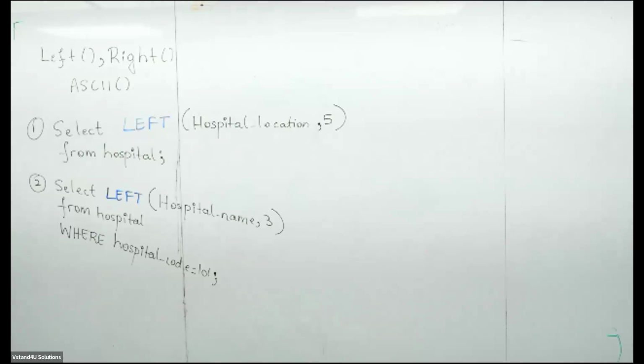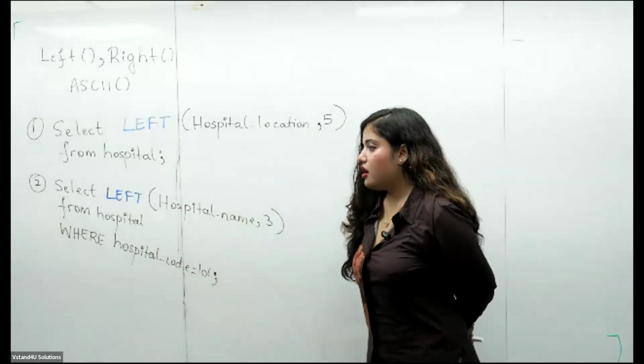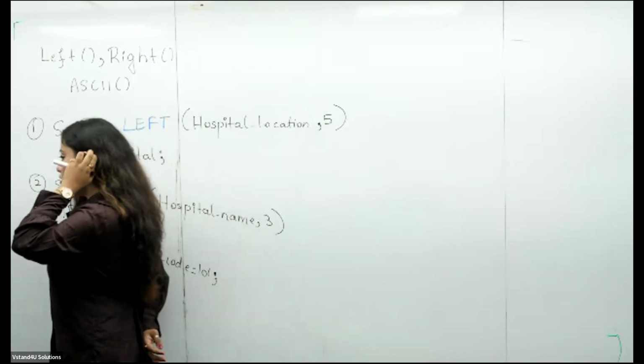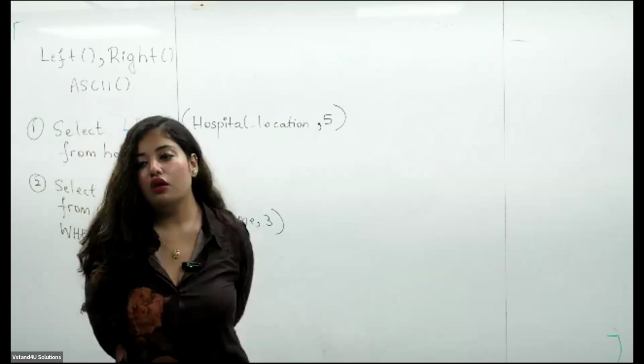Okay. Take down the question. How can you retrieve the rightmost 7 characters from hospital location for all hospitals?